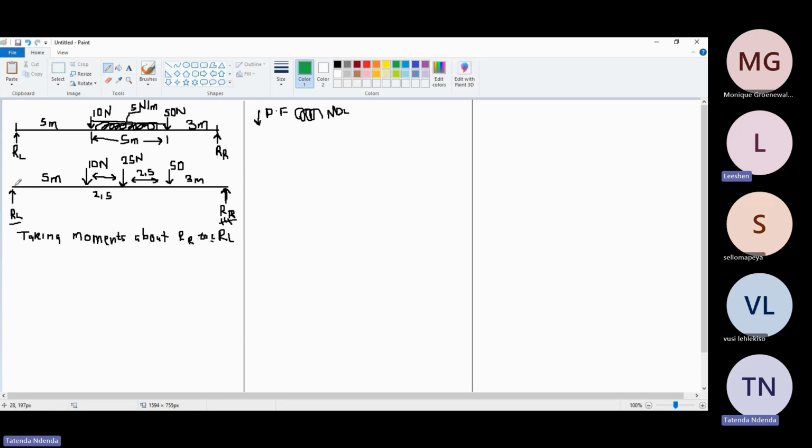So now we're saying this one has to move like this, and this one has to move like this, this one has to move like this, this one has to move like this. May I have the clockwise moments that you are seeing, guys? Summation of clockwise moments is equivalent to the summation of what? Anti-clockwise moments. May I have the clockwise moments that you are seeing here?